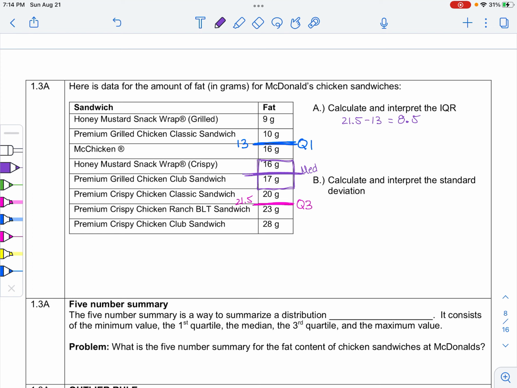So what we would say is that 50% of the chicken sandwich fat content has a range of 8.5 grams.